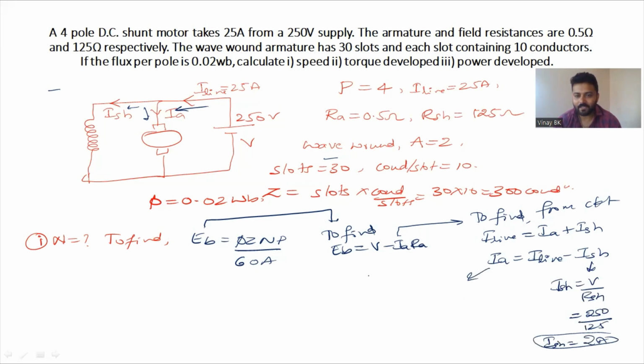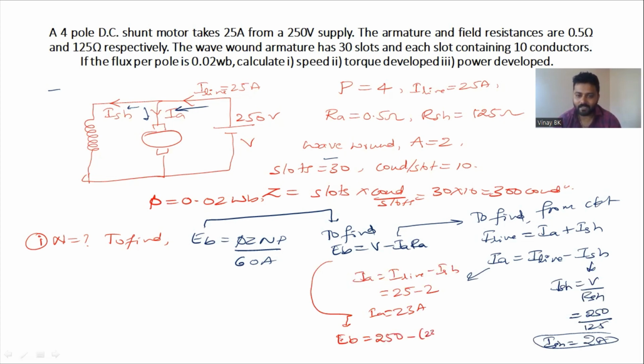IA is given by I line minus ISH. ISH you already calculated as 2 amperes. I line they are given 25 amperes, so 25 minus 2, you get 23 amperes, that is the armature current. So now we'll get the value of EB. EB is given by V minus IA RA, where V is 250 volts, IA is 23 and RA is 0.5.